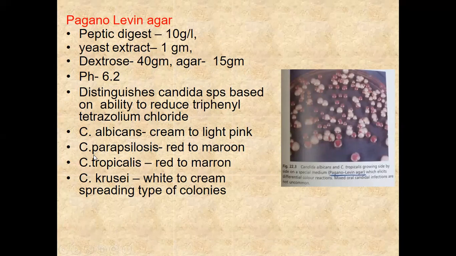Another species of Candida, Parapsilosis, appears red to maroon in color. Tropicalis is also red to maroon. Krusei appears white to cream in color, of spreading type, when we are doing the culture with a spreading technique.